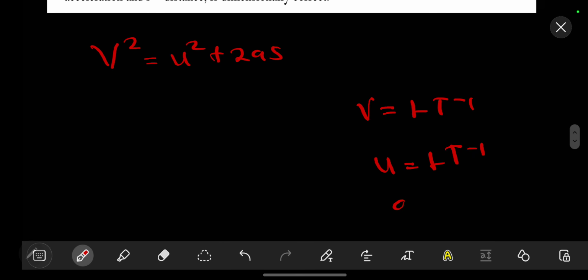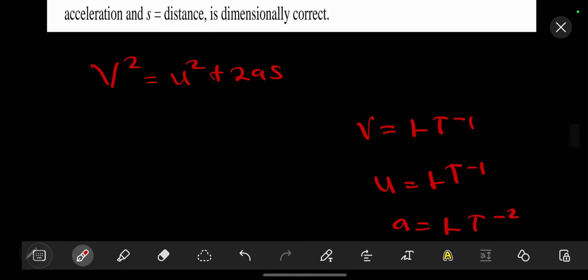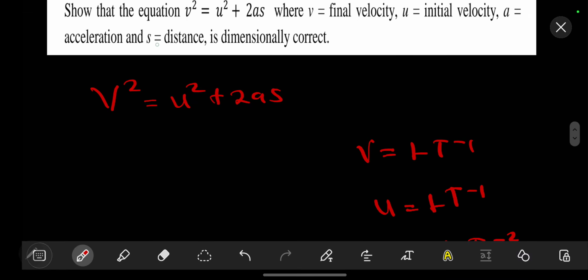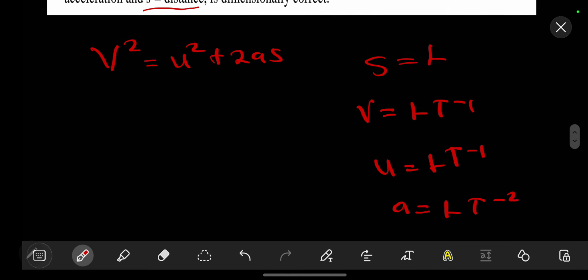Then we also have our acceleration to be LT raised to the power -2. Then s is the distance, meaning s will just take L. So we can replace this by saying our final velocity is LT raised to the power -1, but it is squared, so we put the square like that.